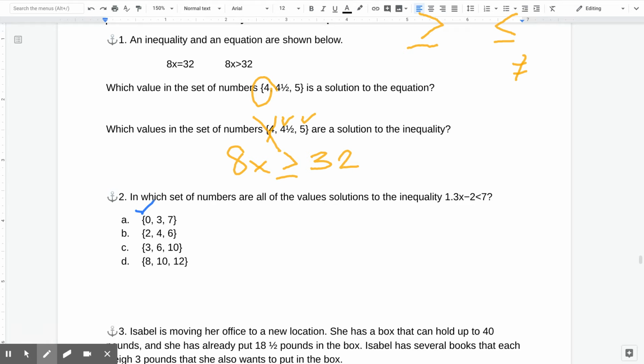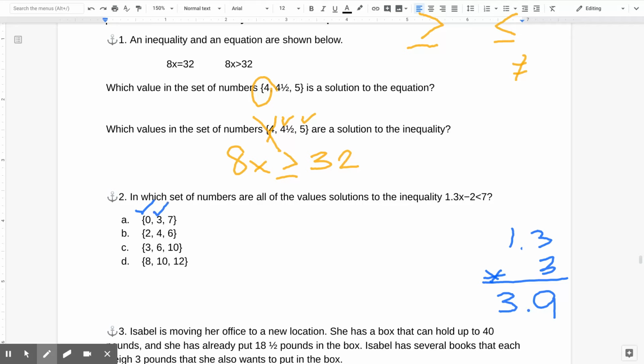Let's see, for 3, 1 3/10 times 3. I may need to go off to the side here and do a little scratch work for this. So 3 9/10 minus 2 would be 1 9/10, which is definitely less than 7.